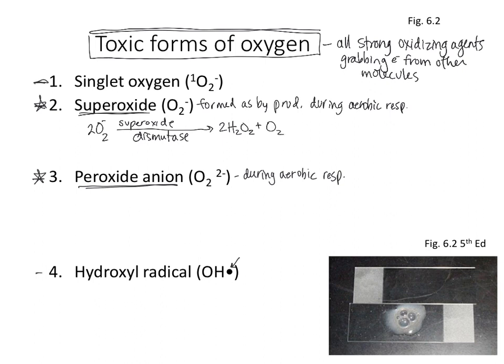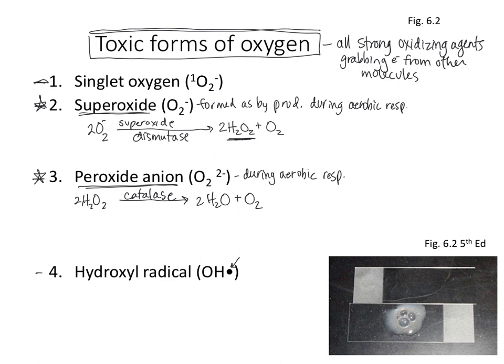Now the problem is this hydrogen peroxide is also toxic to cells. The peroxide anion is part of hydrogen peroxide. So they also need to have some enzyme to detoxify hydrogen peroxide. And one of those enzymes is catalase, which detoxifies it into just water and oxygen.